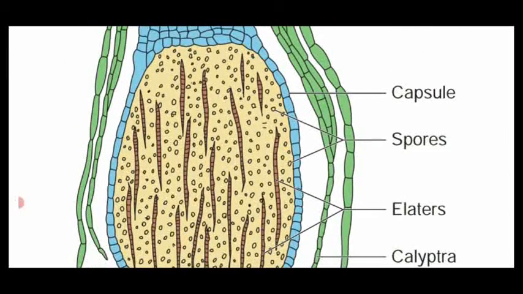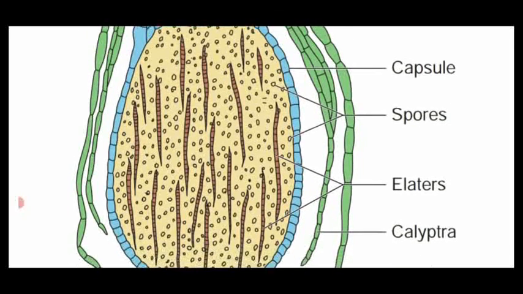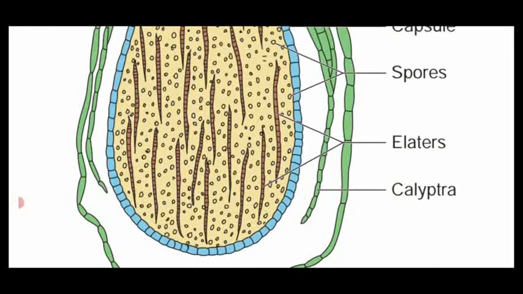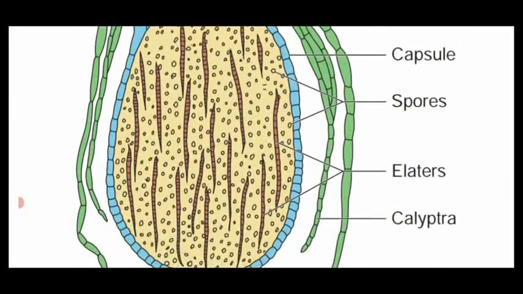Once the capsule of the sporophyte is matured, the wall breaks and liberates the spores outside. The spores are dispersed with the help of elaters, which are present inside the capsule.